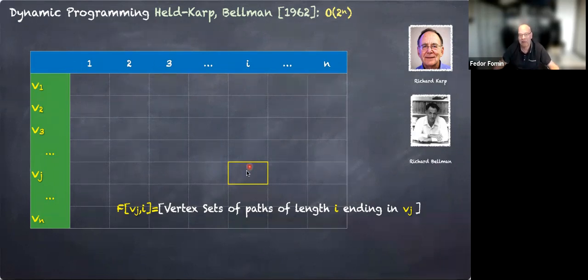In the cell (vj, i) of the table, I want to keep vertex sets of paths of length exactly i which end in vertex vj. The trick, as usual in dynamic programming, is that I don't want to keep all paths. That would be too much, all permutations, ending up with n factorial. But I keep possible vertex subsets here. So I'm keeping vertex sets, not sequences.